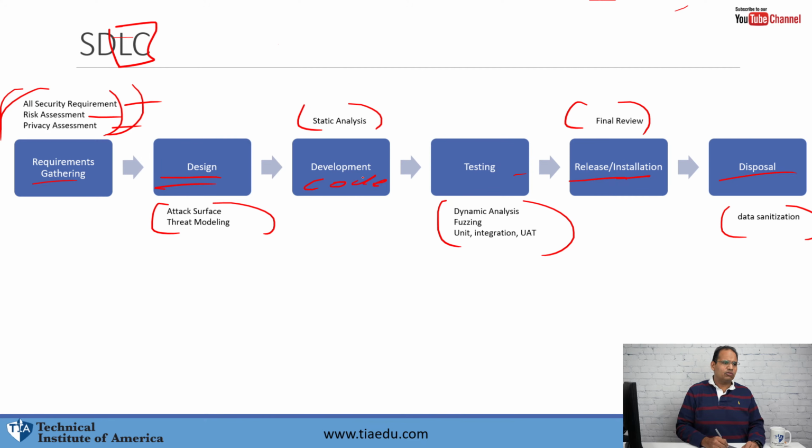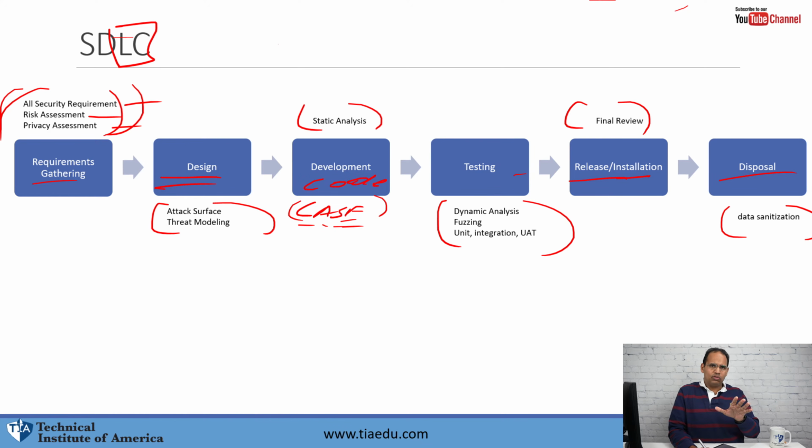The next thing we're going to do is code the software. Coding the software, I'm assuming you guys know what that is. Literally, programmers sitting in front of a computer, typing code. A couple of things I do want to mention when they code the software. A term you may or may not see on your exam that you should know is CASE tools. CASE stands for computer-aided software engineering.